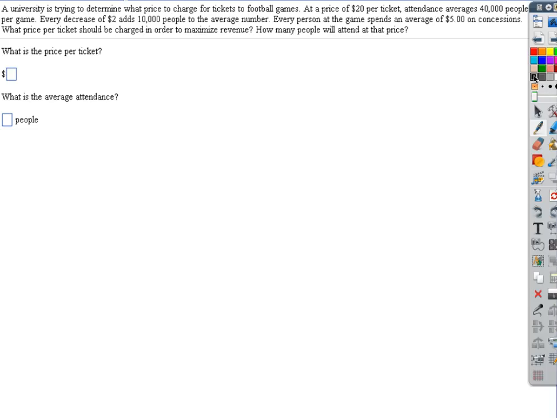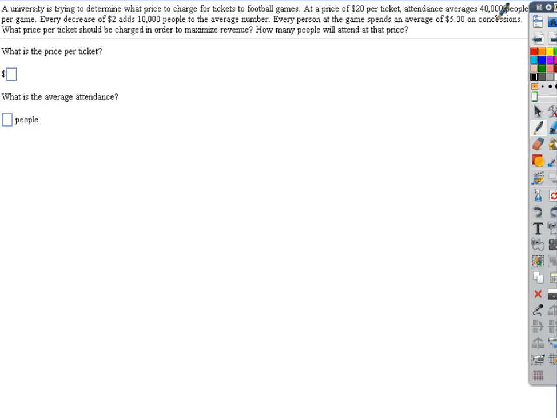At a price of $20 per ticket, attendance averages 40,000 people per game. Every decrease of $2 adds 10,000 people to the average number, at least over a certain number of decreases. Every person at the game spends an average of $5 on concessions. What price per ticket should be charged in order to maximize revenue?